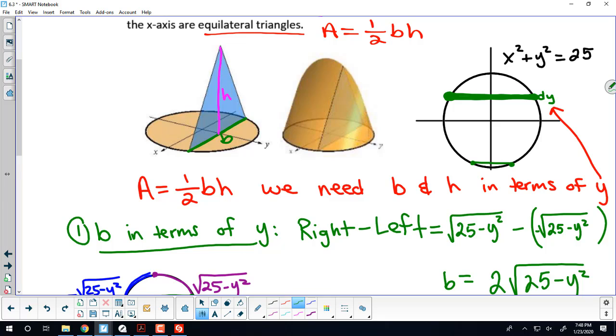In this two-dimensional setting, hopefully it's pretty obvious that this thing coming out at us, there's no way to measure that in the xy coordinate system, right? We need an xyz coordinate system to measure that. So our only hope is to relate this h back to this b, which relates it back to y.